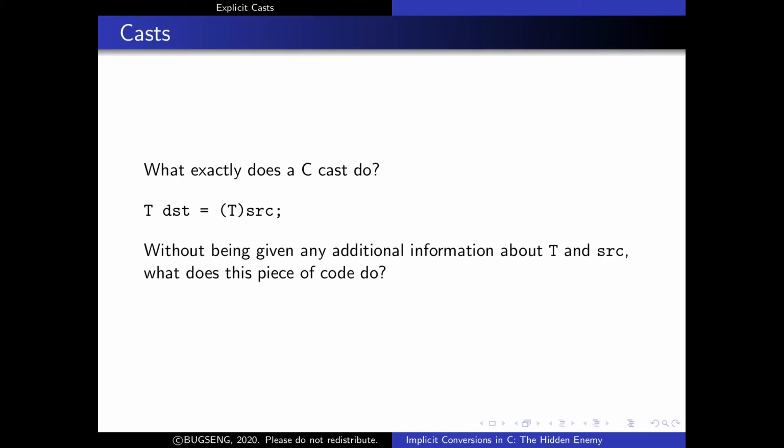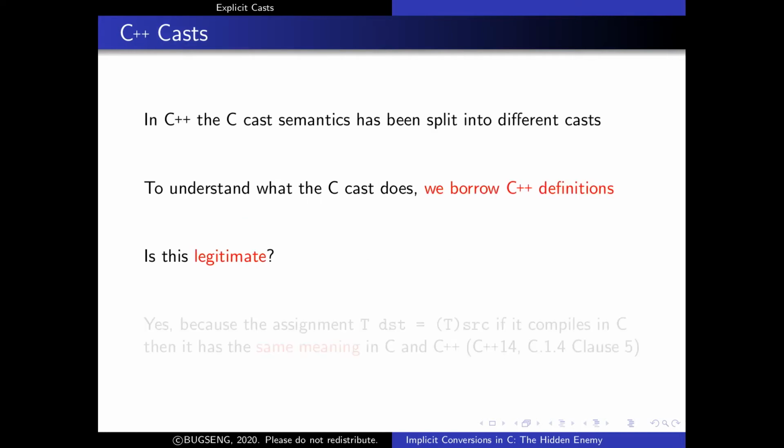So in order to explain what this C cast does, we will resort to the C++ casts. In C++, the different casts have been separated. They have a different syntax that is explanatory of their purpose and of their intended use.